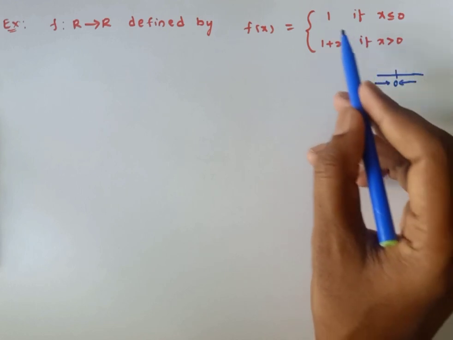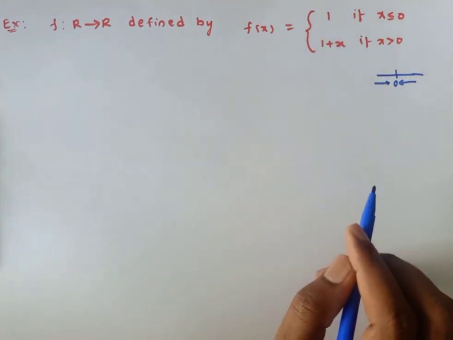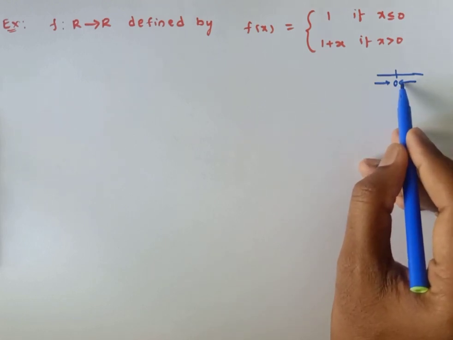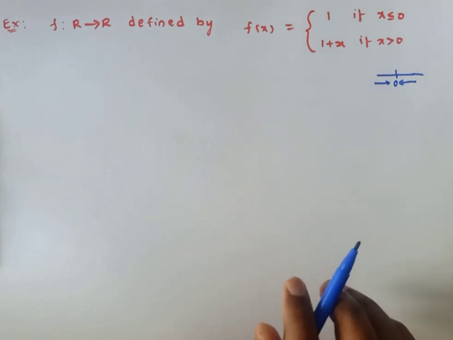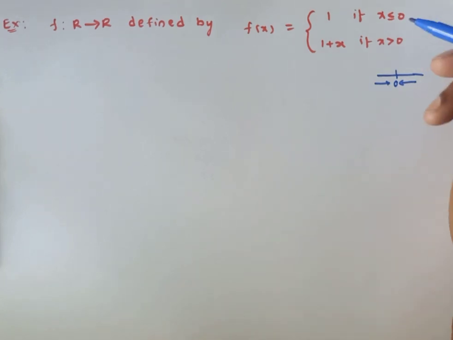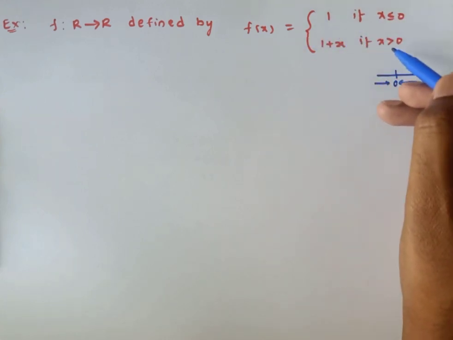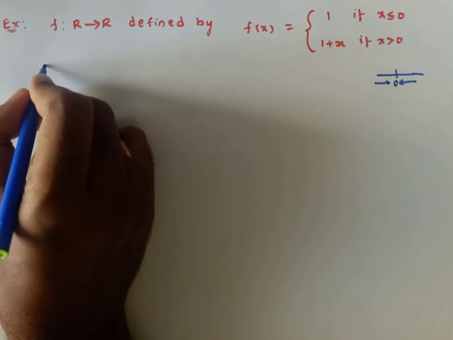In that case, you need to consider the function f of x as 1. So, got the difference? At x equals 0, right of 0 are positive values, left of 0 are negative values. So here there will be a bifurcation. For x less than 0, the function f is 1, and for x greater than 0, it is 1 plus x.